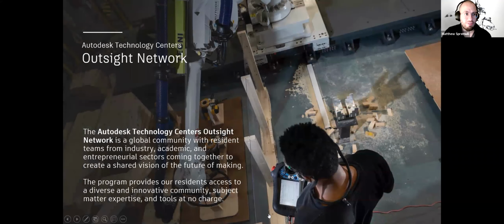We basically provide the people that join this outside network, a network of participants, and Autodesk gets a view of what people are doing in the future. In order to see that, we give them a lot of resources at no charge.